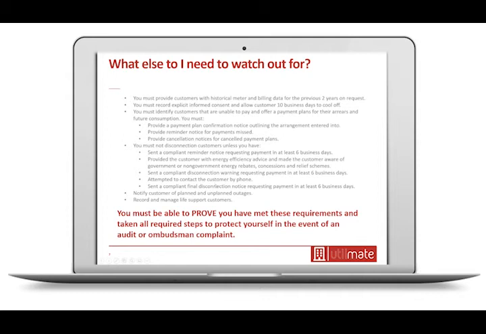So unless you've ticked these boxes, you can't disconnect people, and that's a key area where retailers can get fined and get in trouble, because it is such an important step to take, or last resort step to take.